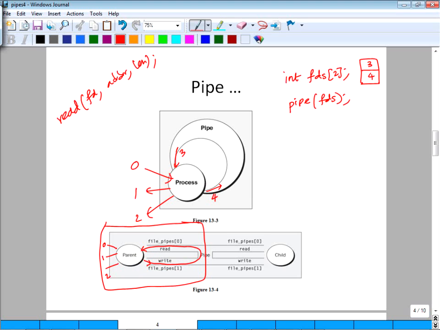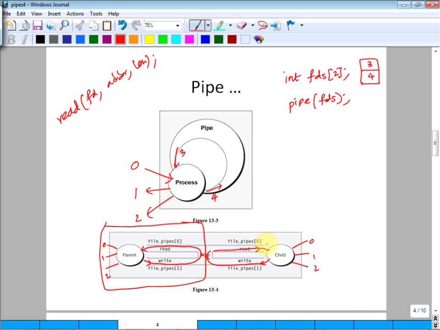So when you invoke a fork, it basically forks just like that picture shows. Forks, but you have a common pipe. See, so now this child also has its own 0, 1, 2, and it has the read. At this point, they are all connected.